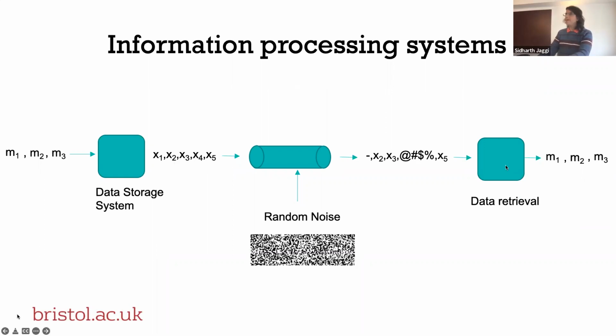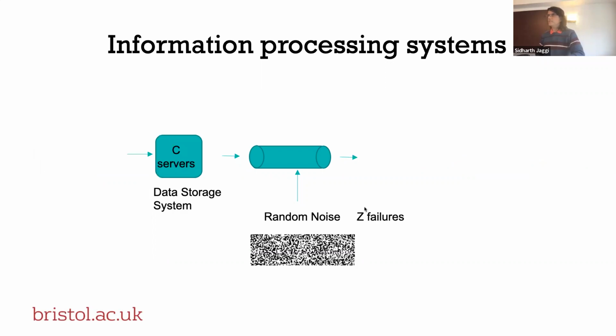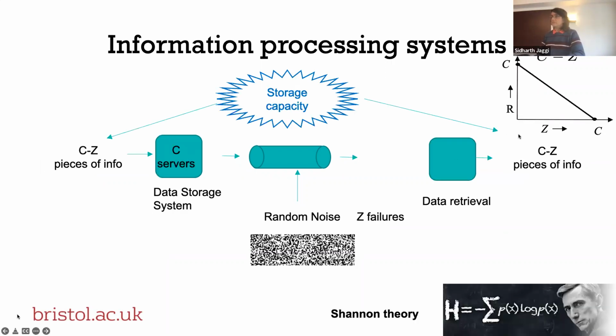And in the language of Shannon, if there are C servers and Z failures, we can show the capacity. As Z, the number of failures, increases, the capacity, the number of pieces of information, roughly intuitively, that you can store decreases, but it decreases in a sensible manner as C minus Z.